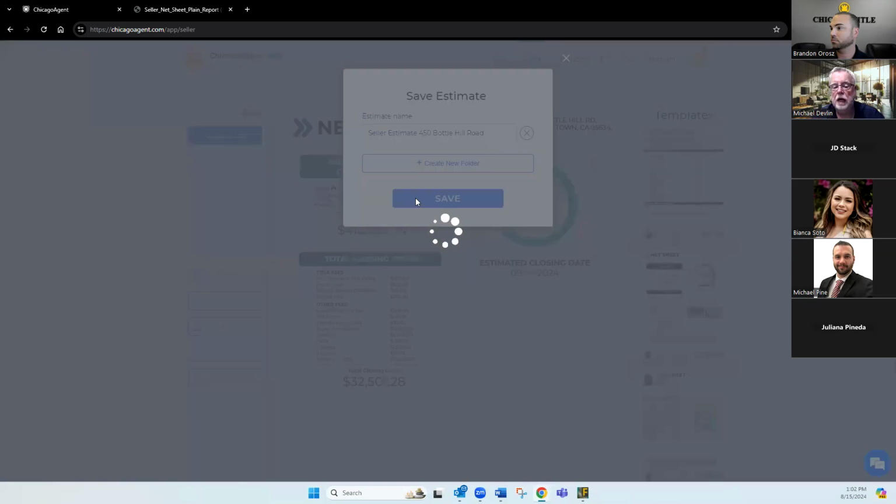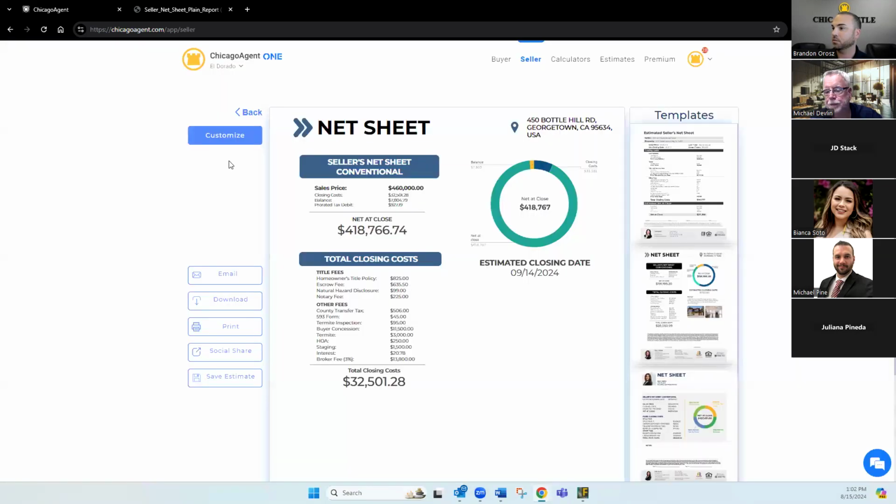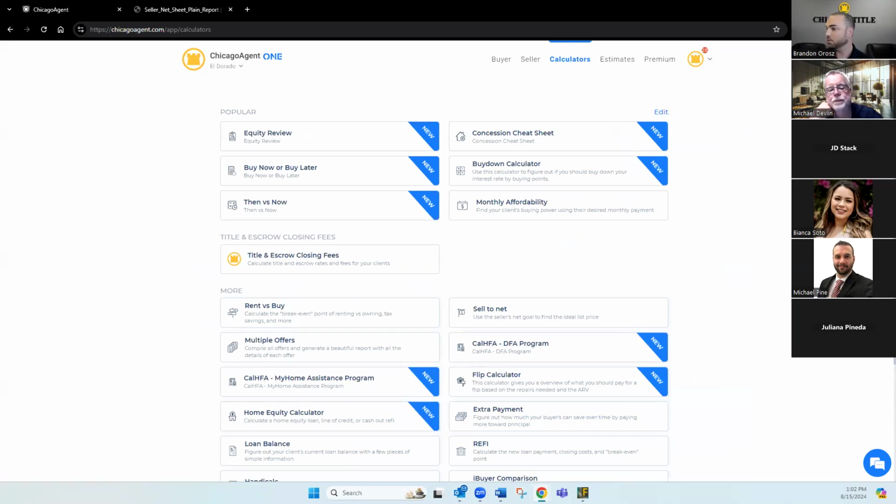Any questions about this part so far? Since they're thinking of questions, click on calculators for a second. There's a lot of them. You'll notice there's a concession cheat sheet, a buy down calculator, rent versus buy, and multiple offers, which covers what if you get multiple offers and how to look at the net.